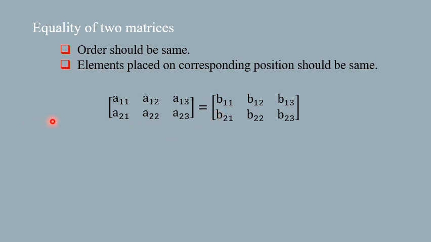So according to the definition, when the corresponding elements are equal, the matrices will be equal, and when the matrices are equal, the corresponding elements will be equal.